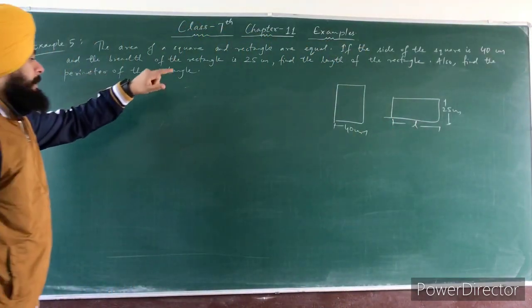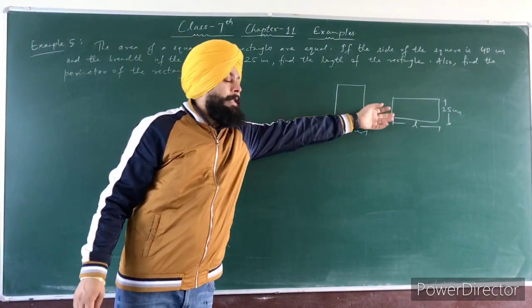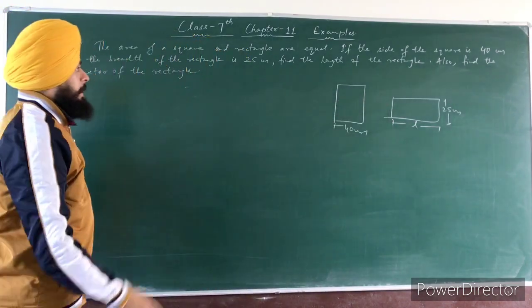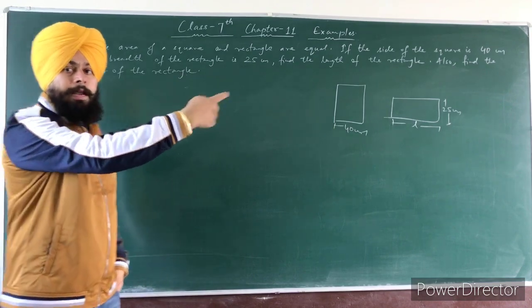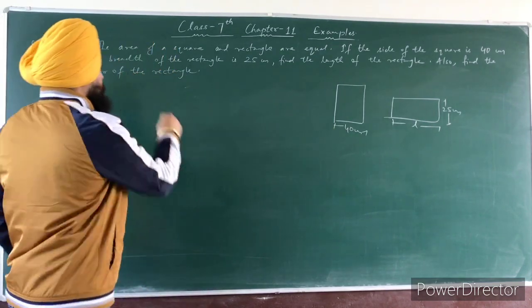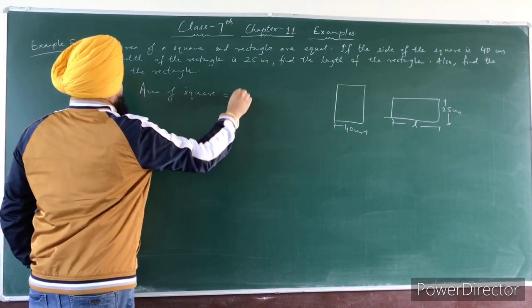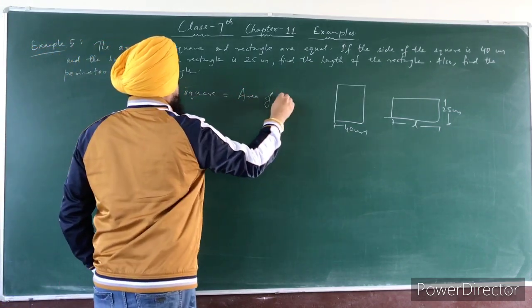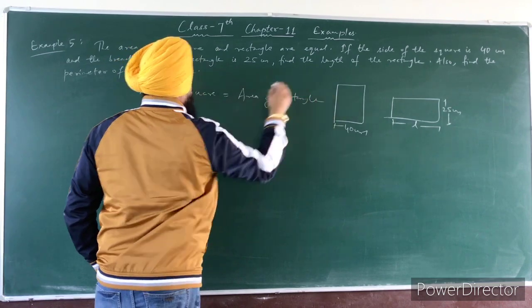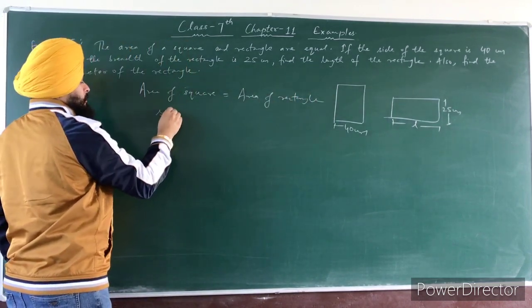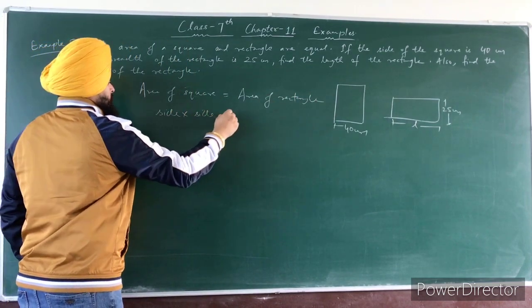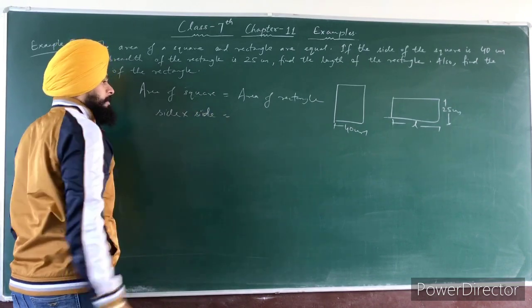Also find the perimeter of this rectangle. So first, area of both shape square and rectangle are given equal, so write here area of square equal to area of rectangle.